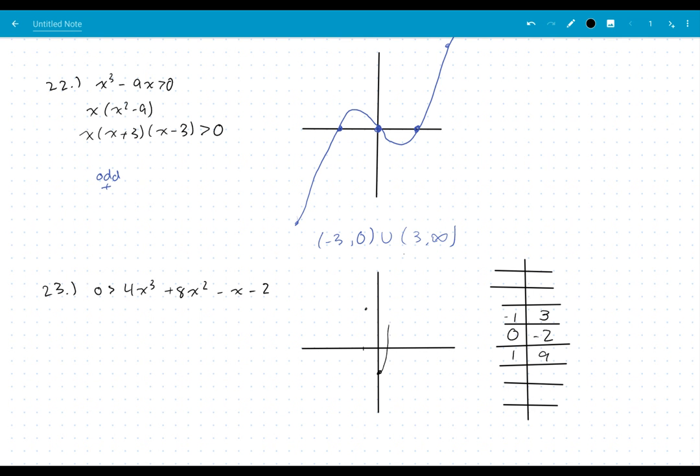Okay. So there's going to be a 0 here, a 0 around there, and it's going to look like that. Okay, so this is what our function is going to look like.